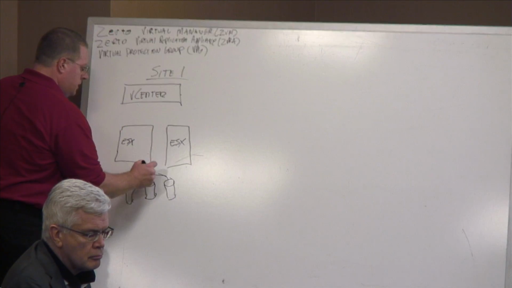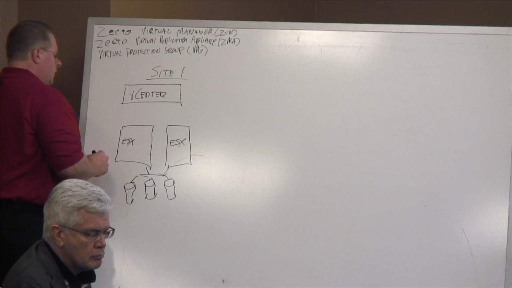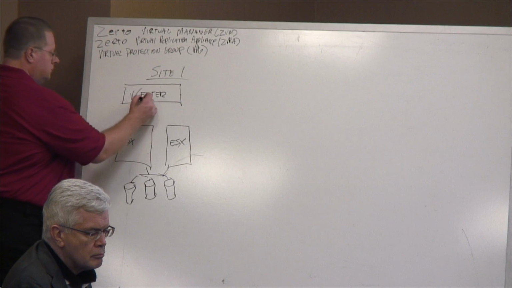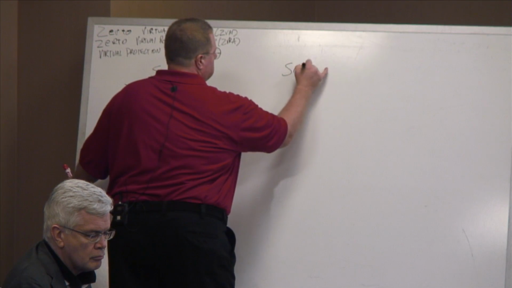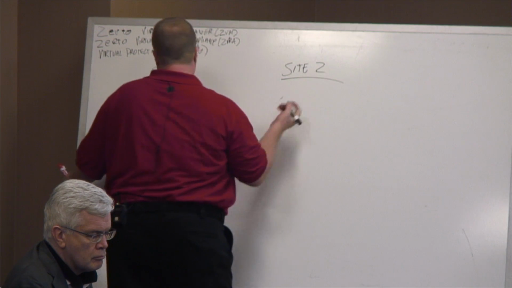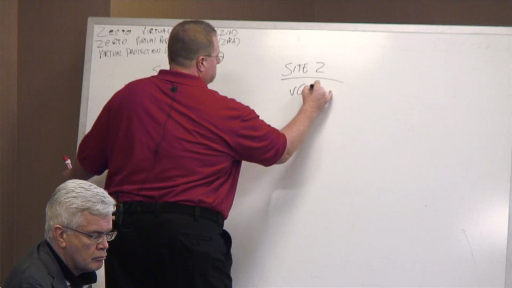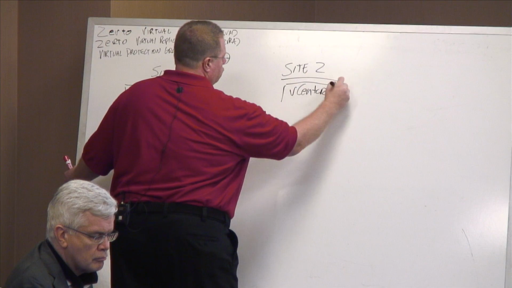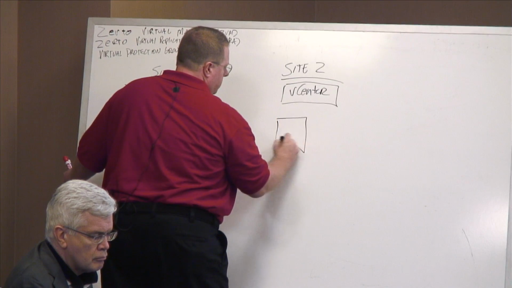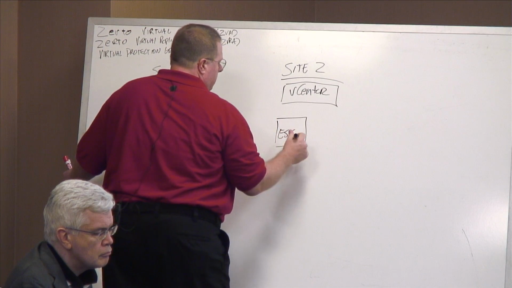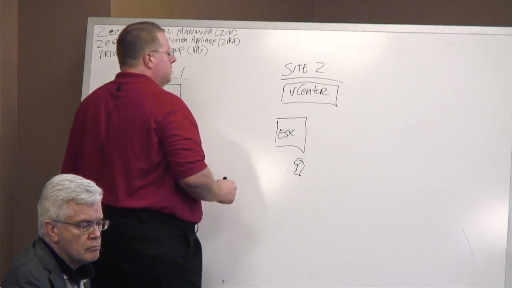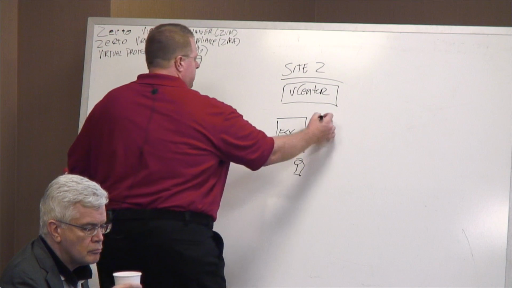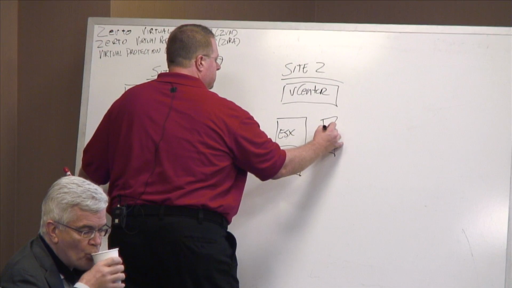That's storage going to the host. What we'll have at site 2 is the same thing. We've got a vCenter, and we've got ESX hosts. We don't necessarily have to have any more than 1, but we'll balance it out. We've got a couple of ESX hosts.